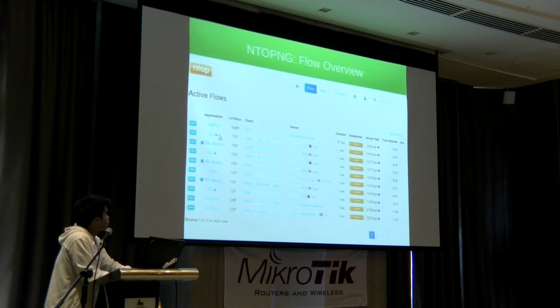Maybe you have noticed that the application is also indicated here. Most of them are using Apple and then SSL, and even the layer 7 protocol is being identified also. And also the client host name.